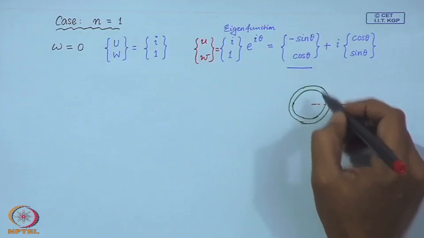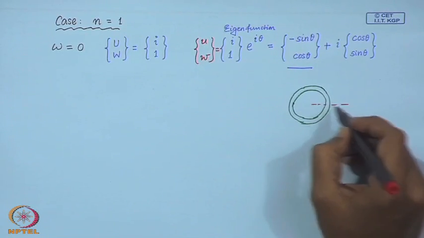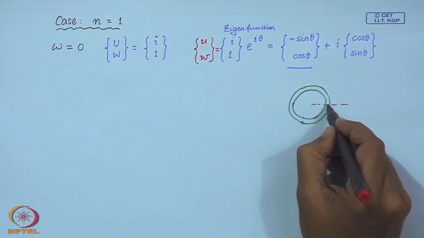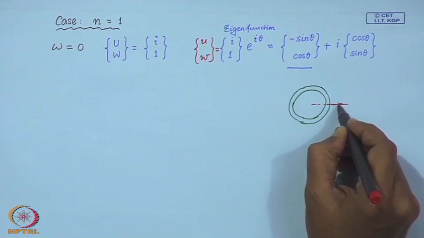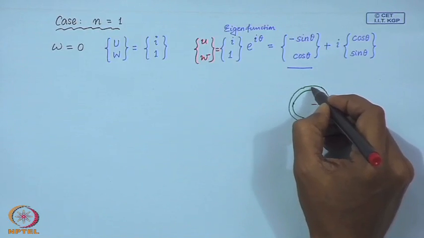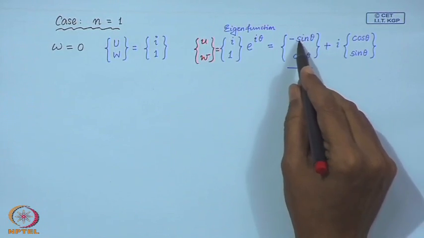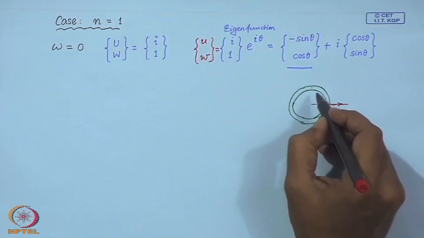So, u is 0 here, whereas w is plus 1, and then you will find that at this point theta equal to pi by 2. So, this is minus 1.